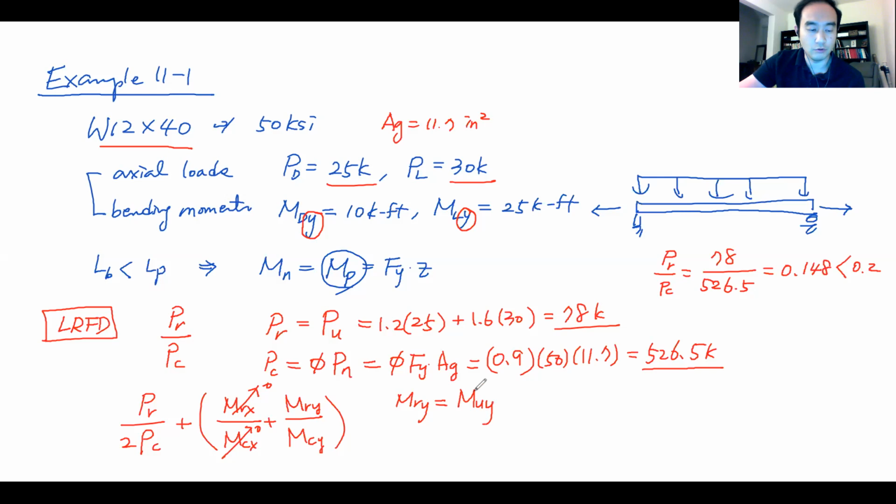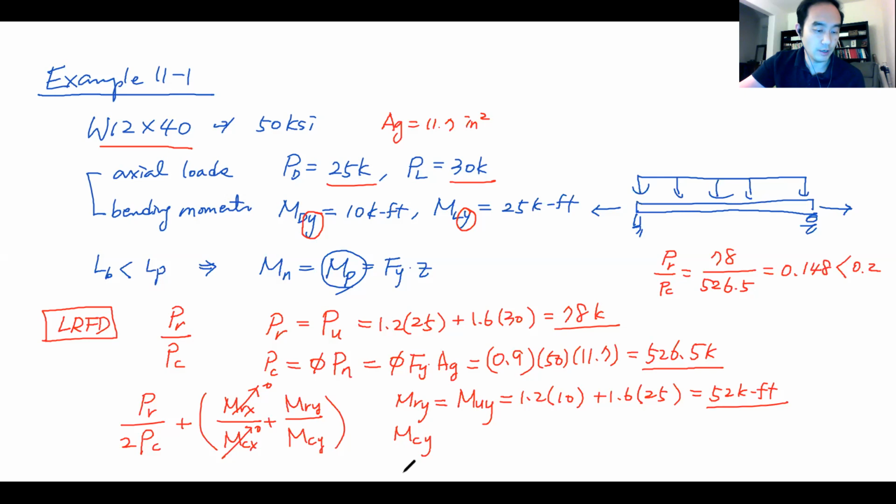I'm going to call it MUY, and that is 1.2 times that load, which is 10, plus 1.6 L, so 25. When you combine those two together with the factors, I got 52 kip-feet. So this is going to be our demand.